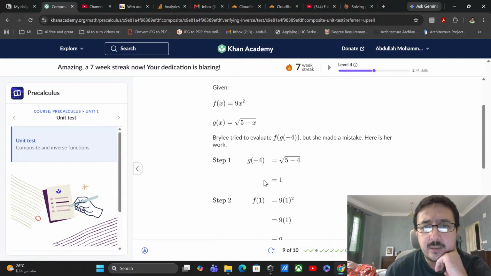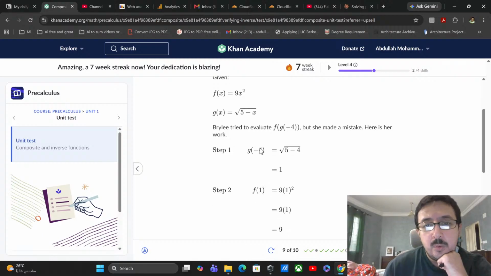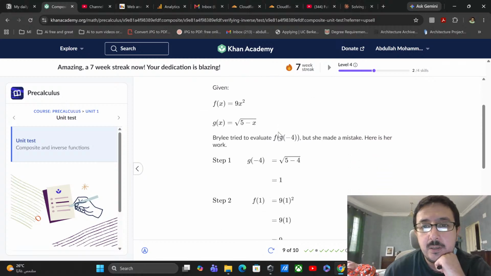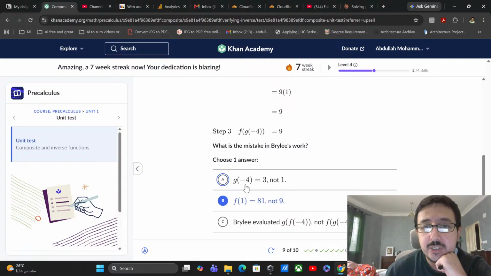What do you mean? f of g(9), this and this, so this is going to be plugged here. So this minus 4, it goes here. This is going to be 9. So 9, the square root of 9 is 3. Okay. 3, not 1. g is 3, not 1.